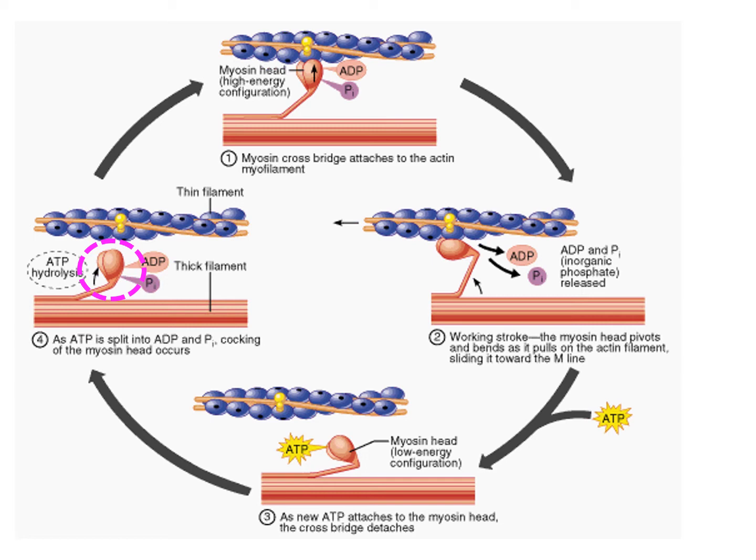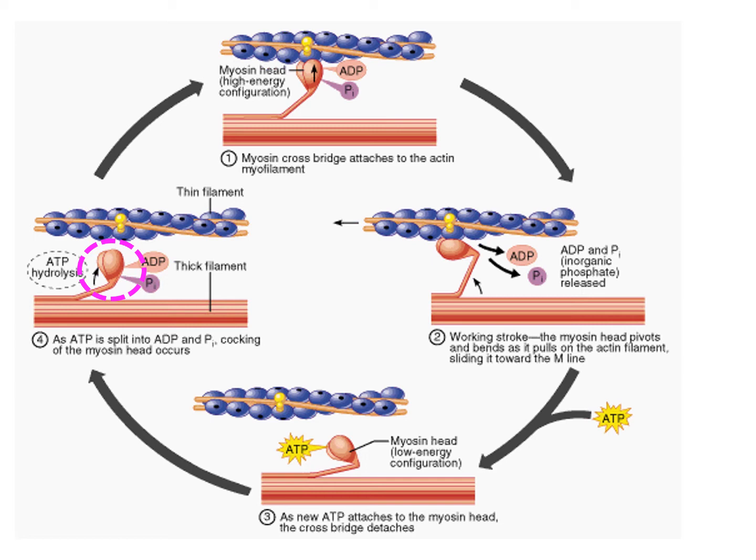Now ATP is made from aerobic respiration inside the mitochondria of the muscle cell. And once it's bound, what then happens is the ATP gets hydrolyzed into ADP and phosphate. The ADP and the phosphate remain bound to the myosin head.